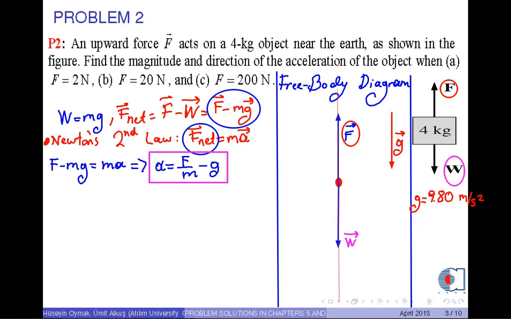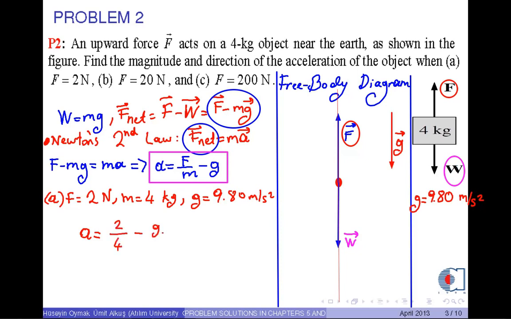When F equals 2 newtons and 4 kg for m and 9.80 meter per second square for g, we get a equals 2 over 4 minus 9.8, which results in negative 9.40 meter per second square.